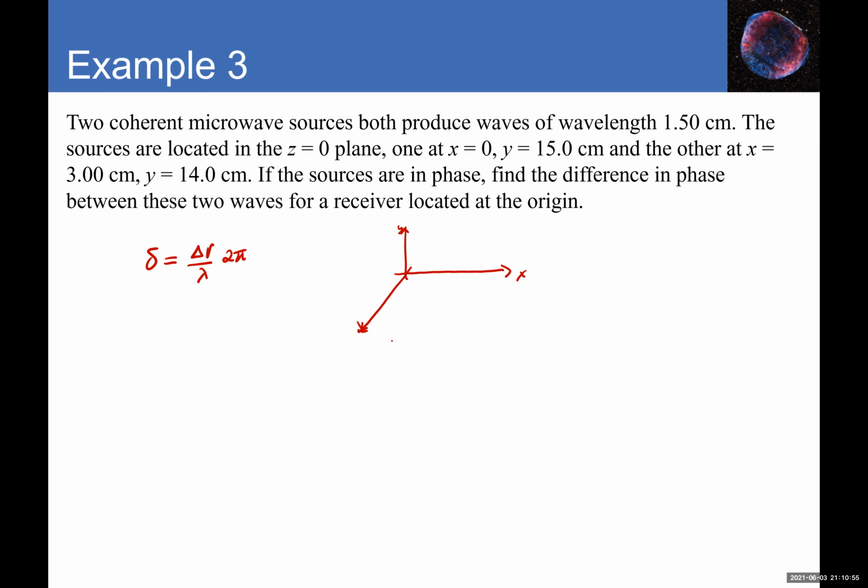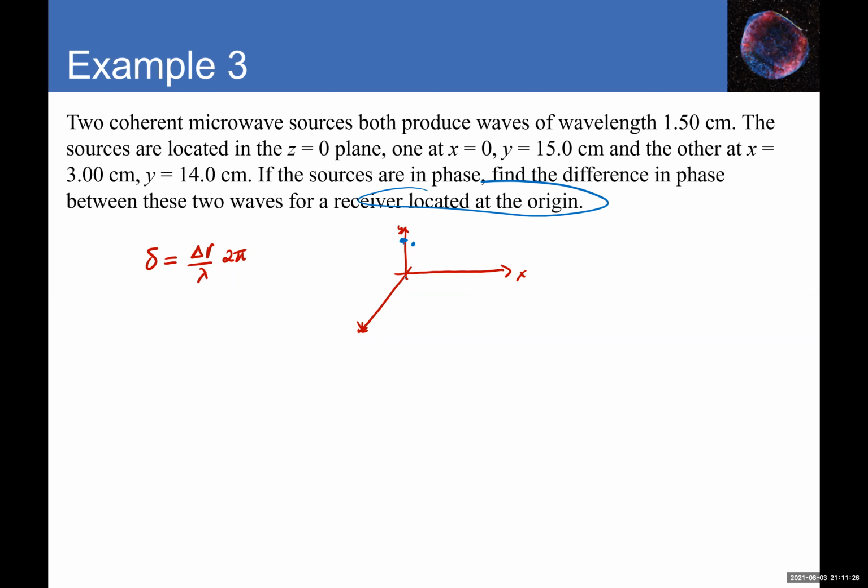Let's say I'm doing x, y, and z. One source is given x equals 0, y equals 15, so somewhere over here. The other one is given x equals 3, y equals 14, so maybe somewhere over there. The receiver is located at the origin.